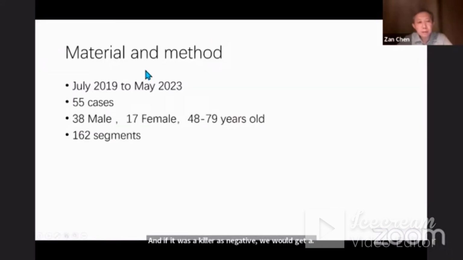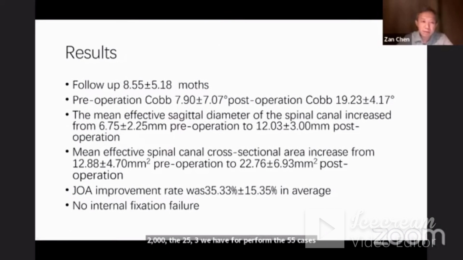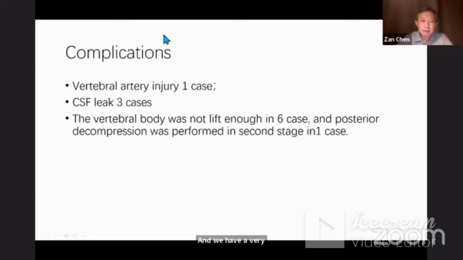From 2019 to 2023, we performed 55 cases with this technique for OPLL patients, and we have some very satisfying results. But this technique is not easy.